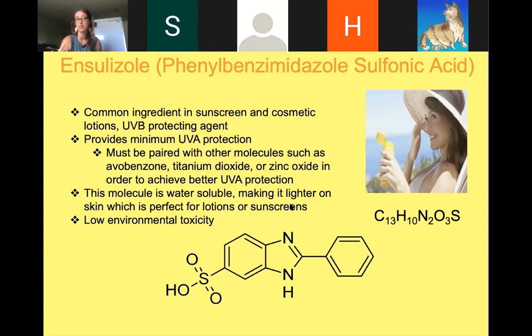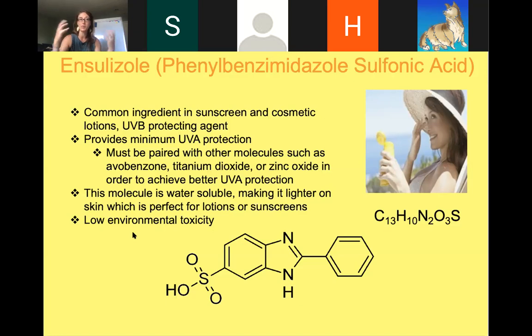But the other thing we have to think about when we're formulating some sort of a sunscreen is environmental toxicity, because we're going to put the sunscreen on our bodies and then you're going to go splash around in the waves, right, and play. And we want to make sure that the chemical is not going to cause harm to the ocean ecosystem. Okay, so you also have to look at environmental toxicities.